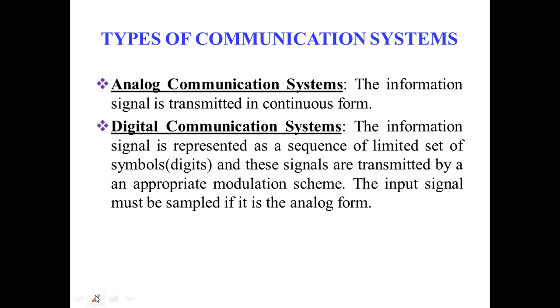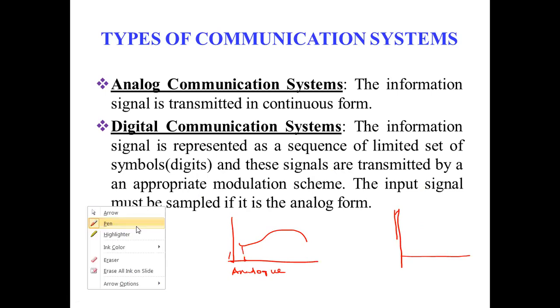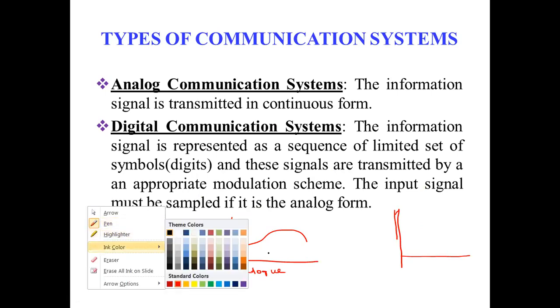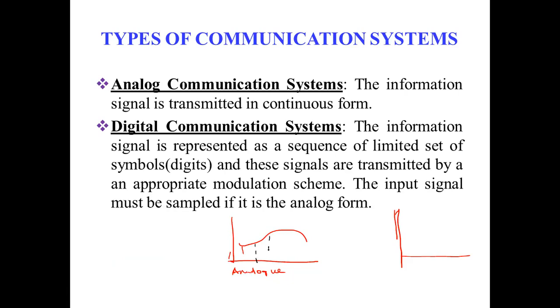If I draw this, this is my analog system, but the same analog system can be represented in discrete form by taking the value at each point. So I can draw this system somewhat like this.